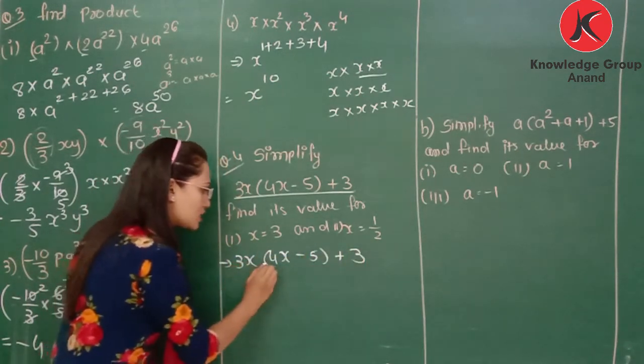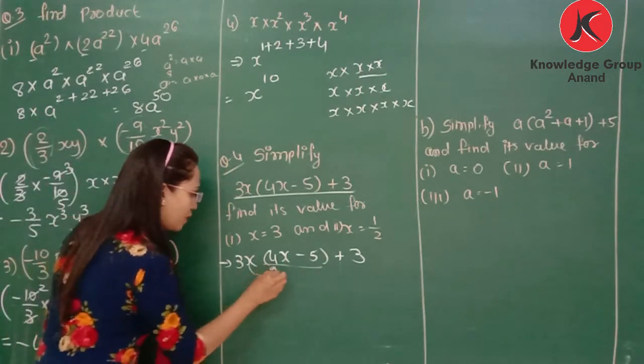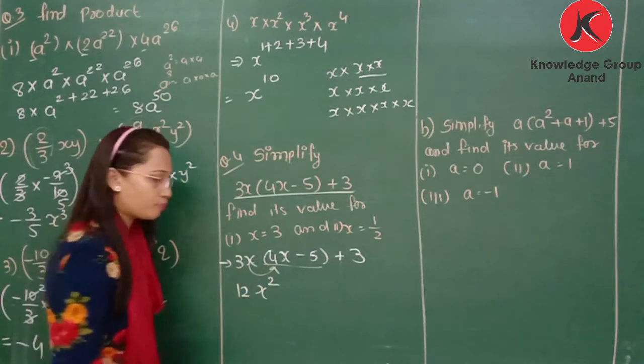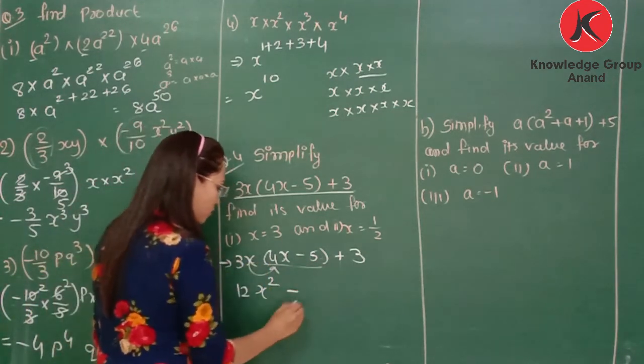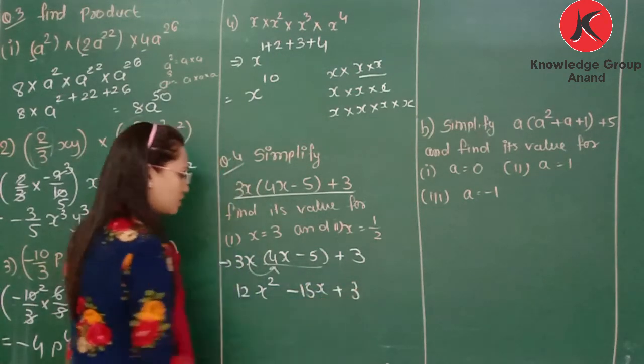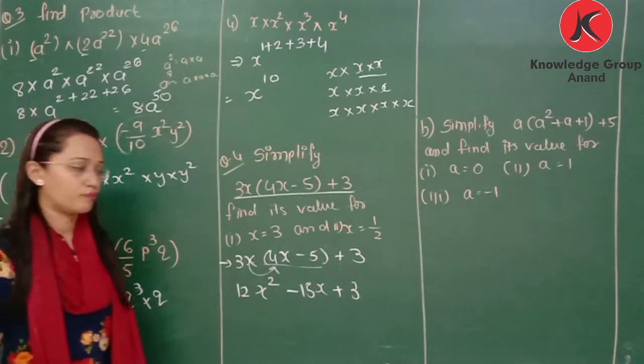Here 3x is in a multiplication with 4x minus 5. So let's multiply. 4 3s are 12. X is multiplied with x, giving x square. 3x times minus 5, that is minus 15x, plus 3 as it is. 3x is only in a multiplication of these two terms.